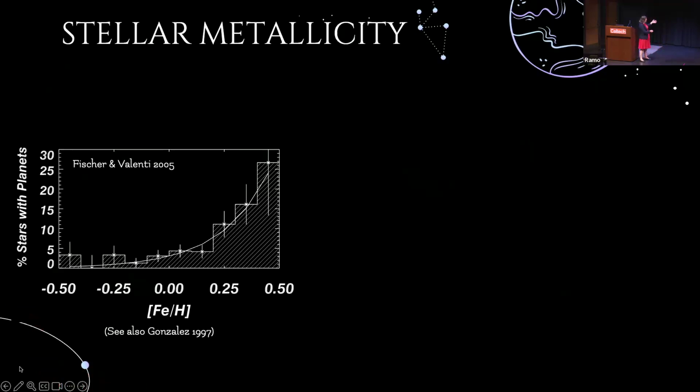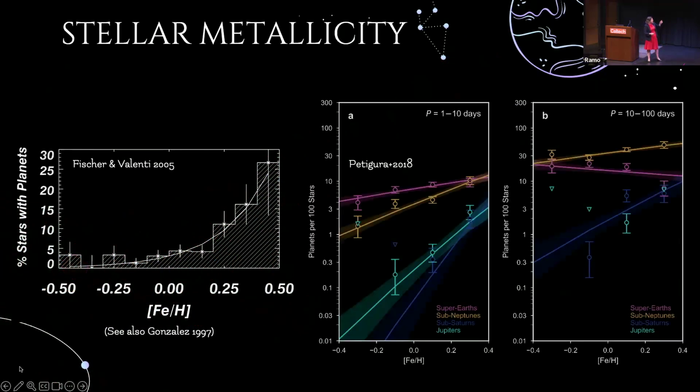And then, a decade later, Deborah and Jeff's here, have this canonical relationship showing that as a function of the iron abundance of the star, the occurrence rate of giant planets increases dramatically once you get above solar metallicity, and is quite low below solar metallicity. So then Eric Pettigrew, I think is also here, a decade later again, has this result from Kepler showing that this dependence on the metallicity, so it's still metallicity down here, gets weaker and weaker for smaller planets.